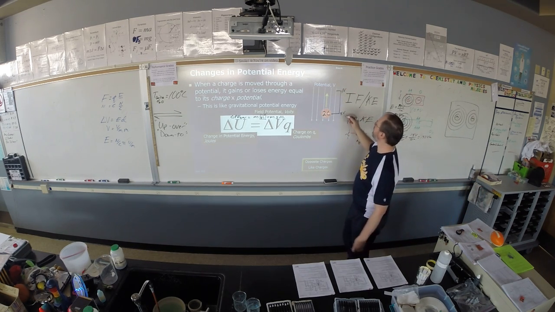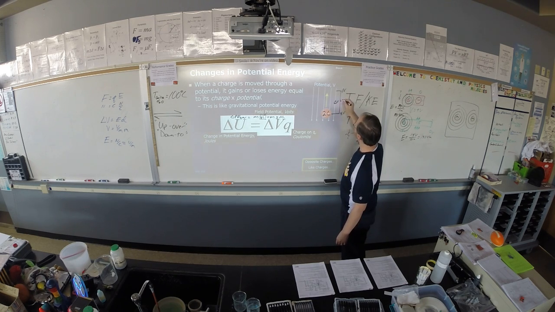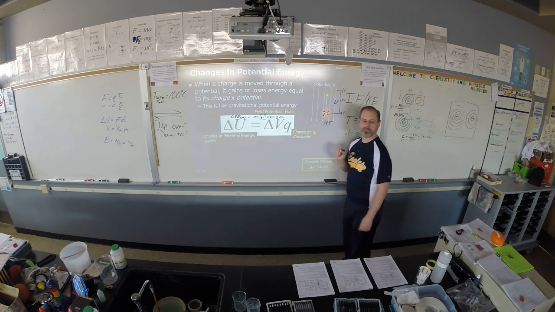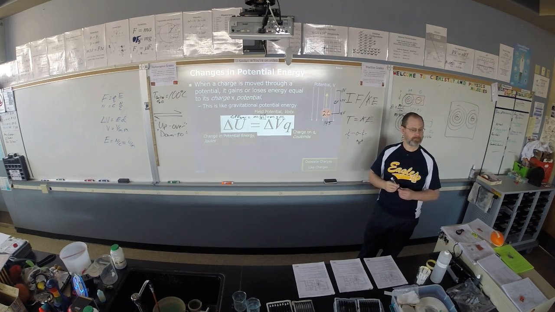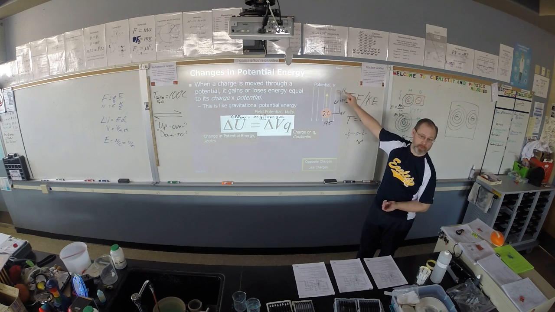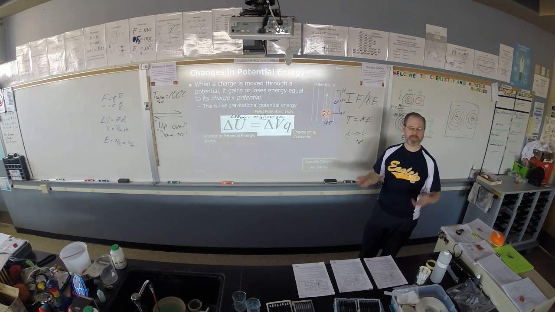So we have a delta V of 7 volts, so it's going to require 14 joules. I'm pushing a 2 coulomb charge through a potential of 7 volts, it's going to require 14 joules. Does that idea make sense? Yes.